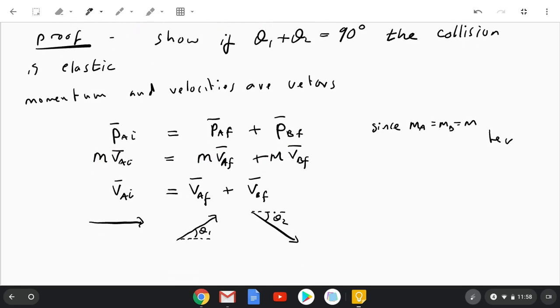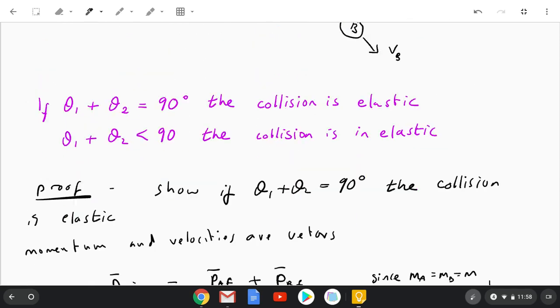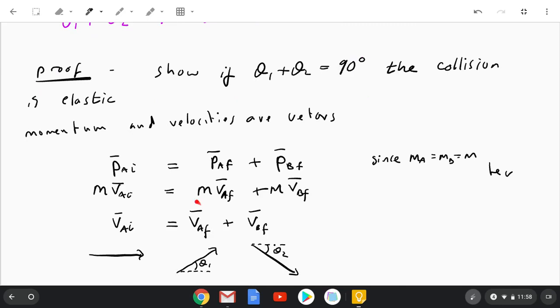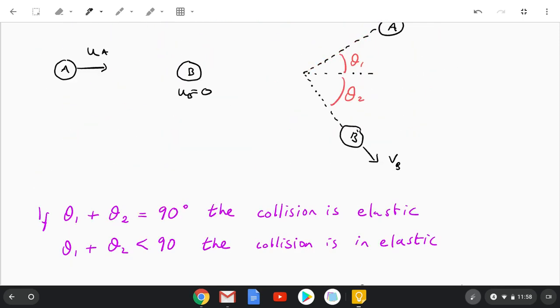The velocity vector of object A before the collision is in this direction, because the object is moving to the right. The velocity vector for object A after the collision is off in this direction here.